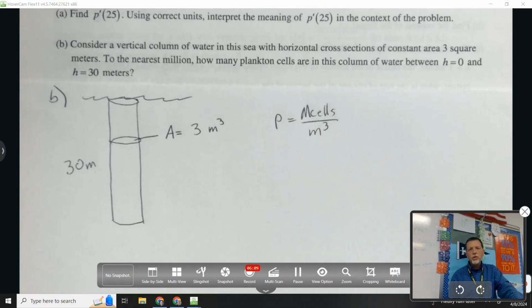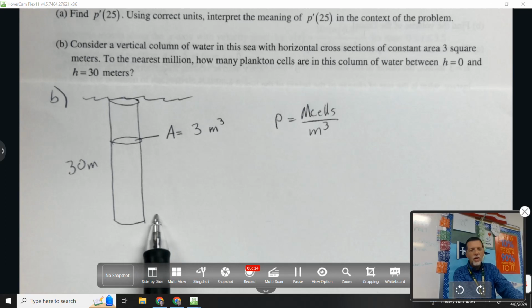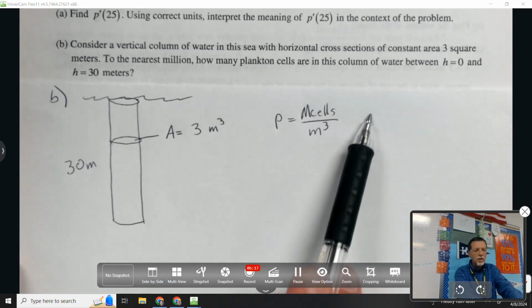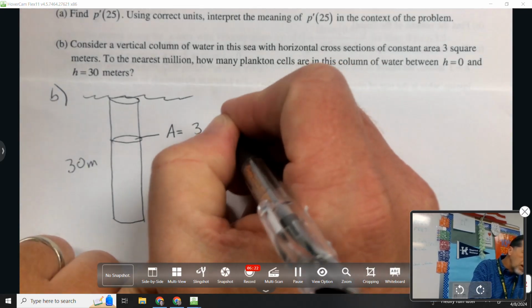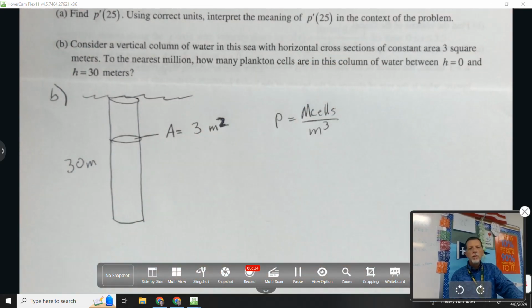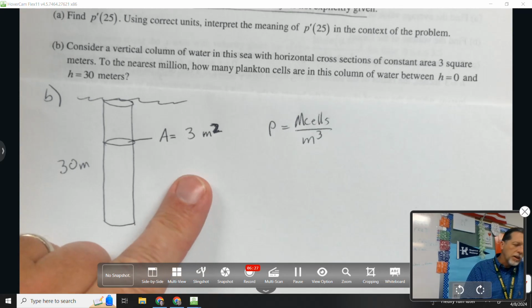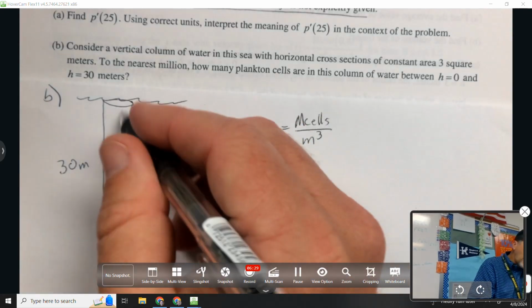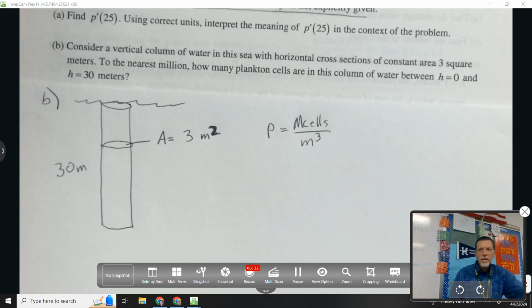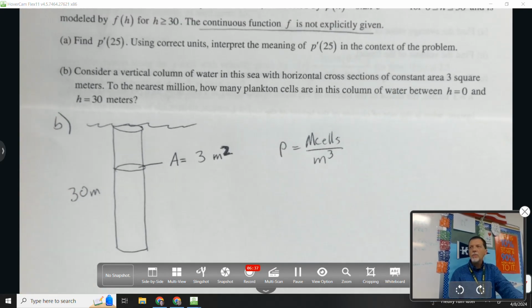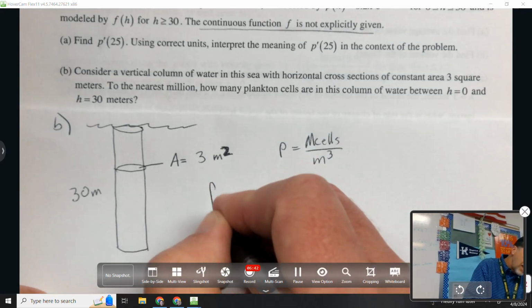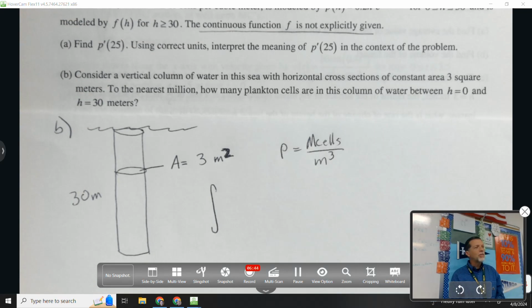So if I want the total number of cells, I need to basically multiply by this volume. I need to get 3 dimensions on there to multiply. The cross-section is 3, so that'll be part of it. But I also need to add up all the way down. So what calculus thing means add them all up? The sum, which is the elongated S, also known as the antiderivative.